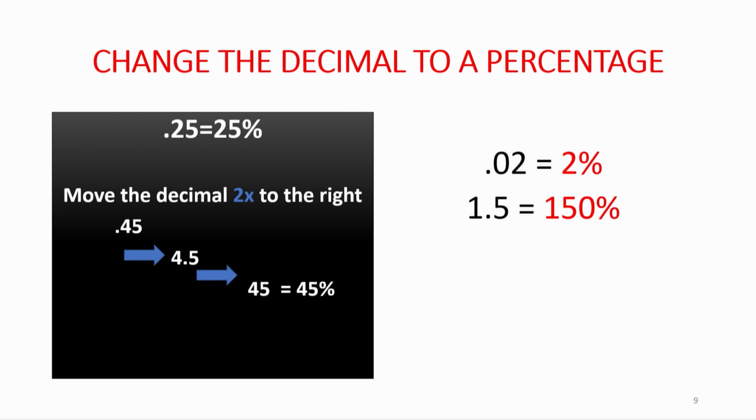So when I move that decimal 2 times to the right, I get 150%. 0.006, move it 2 times to the right, and you get 0.6%. 0.075, move it to the right, and you get 7.5%.